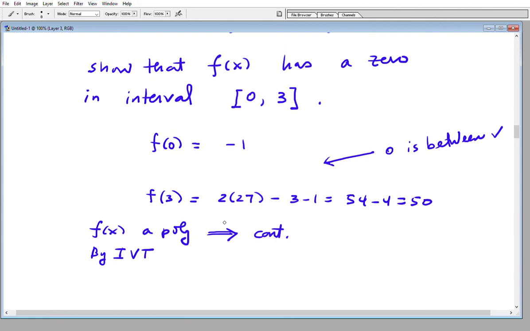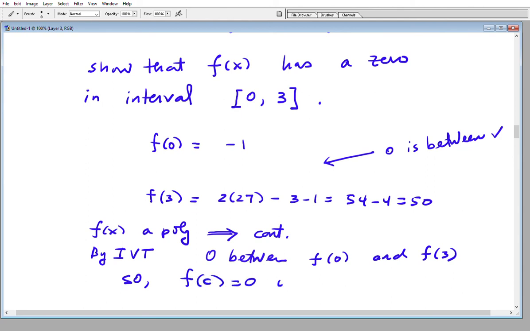So by intermediate value theorem, 0 is between f of 0 and f of 3. So no skipping 0, f of c equals 0 in that interval.